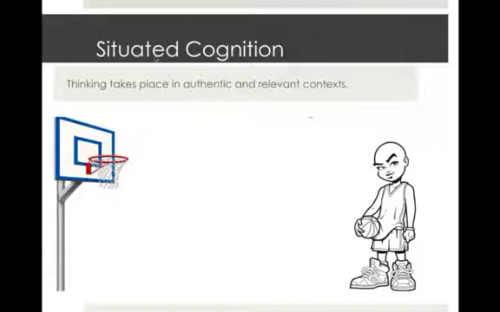And we learn this thinking very seamlessly, very easily when we're engaged in relevant or authentic activities. Likewise, in the classroom, we want to situate students' thinking in authentic and relevant context as much as possible.